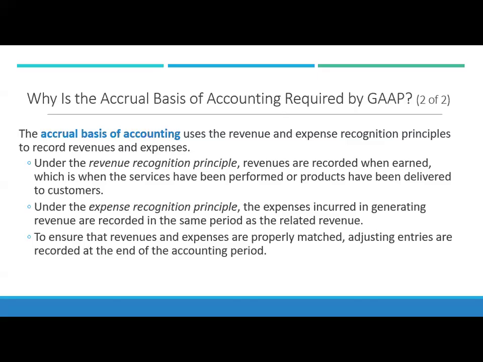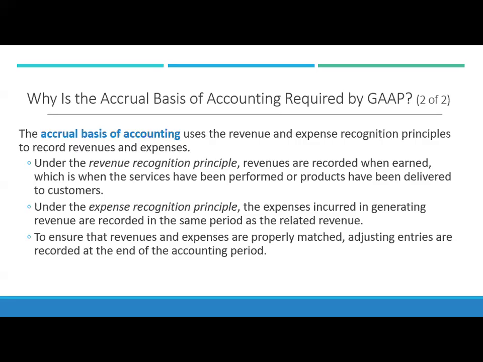The expenses are matched to the revenue that they generated. And so this requires adjusting entries at the end of the accounting period to make sure that the revenues and expenses are properly recorded and matched.